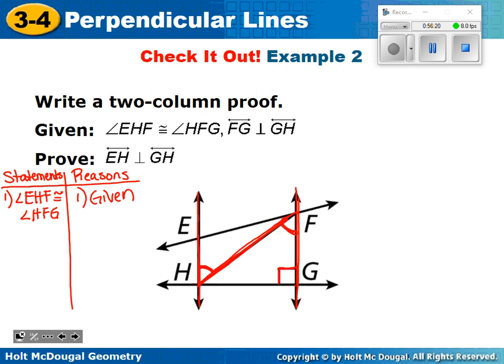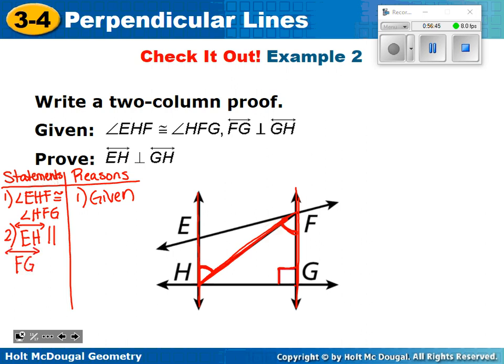So which two lines could we say are now parallel? To name a line, you only use 2 letters, not 3. You're naming angles. Which two lines are parallel? Yes. So number 2, EH, make sure you put a line above it, is parallel to FG.